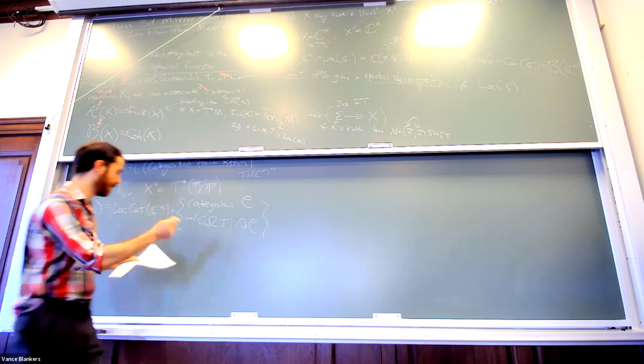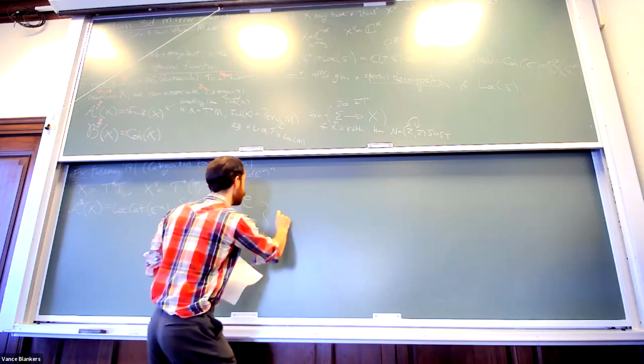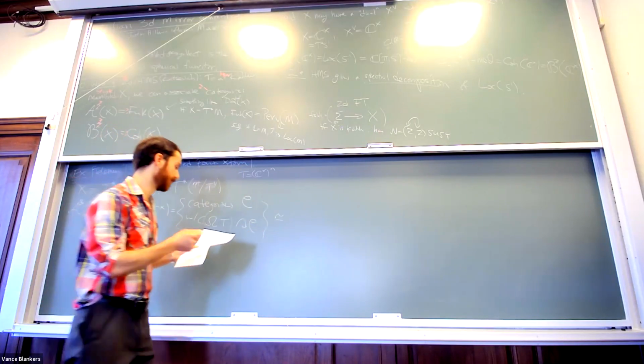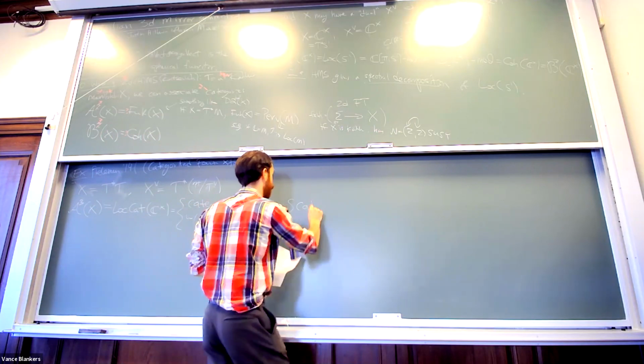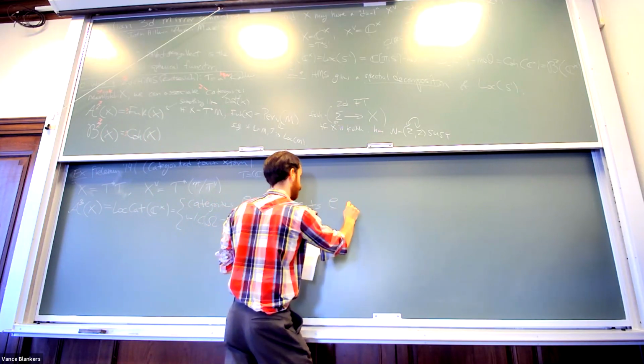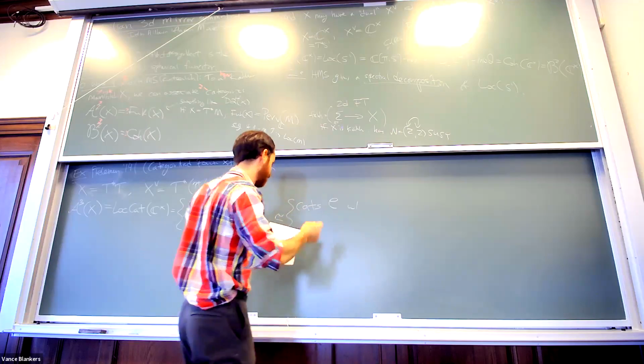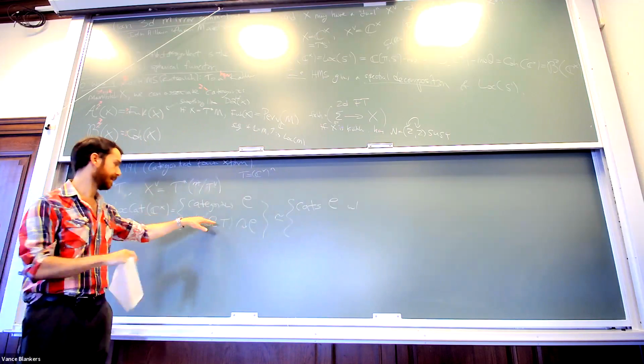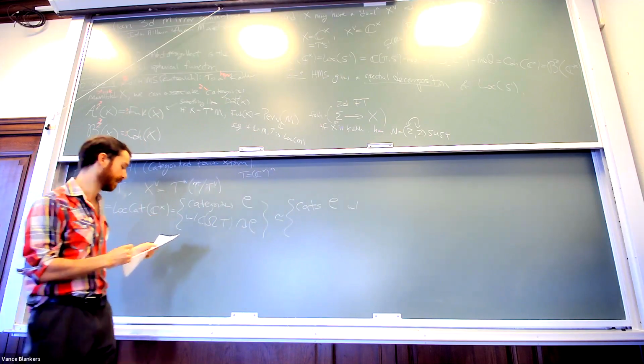If I think about what this is, then this is the same thing as categories with an action of, what is the base loop space of a torus?